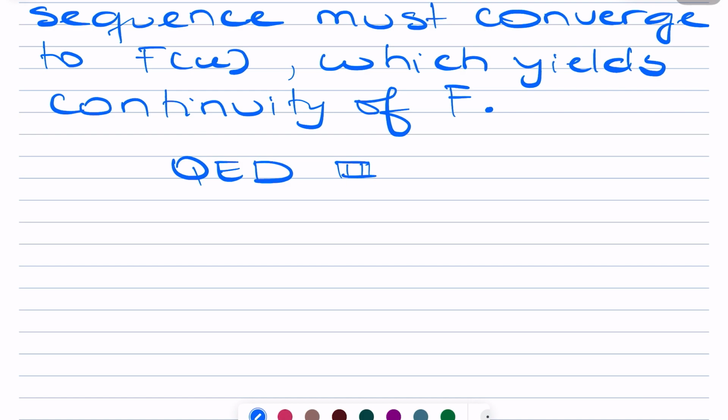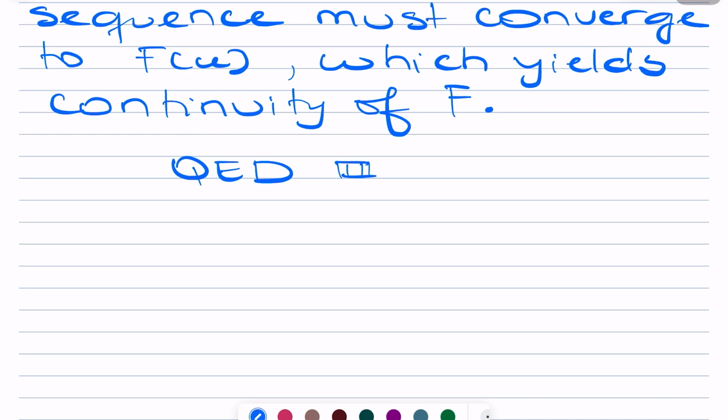Hausdorff means that the space is separated, in the sense that if you give me two distinct points, then I can always find two disjoint neighborhoods of those points.